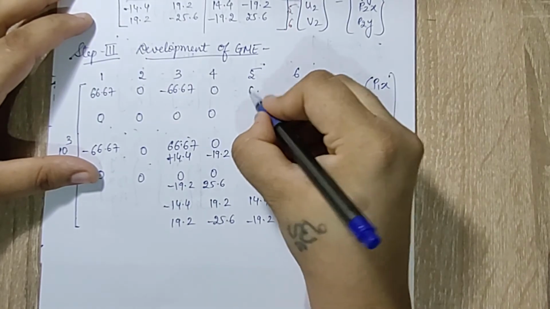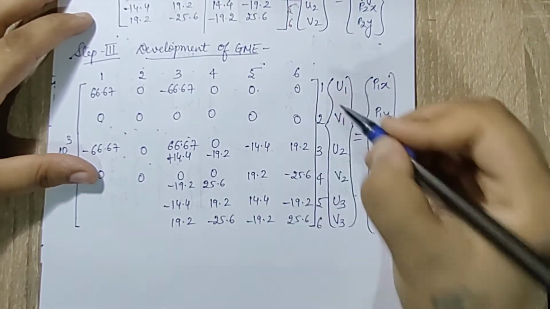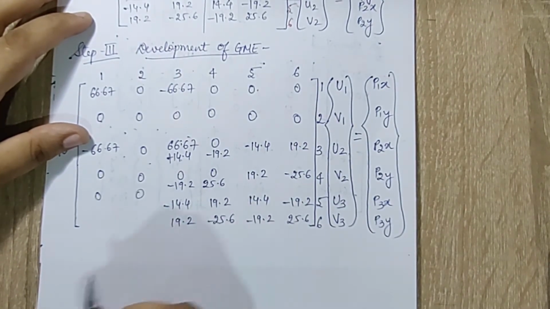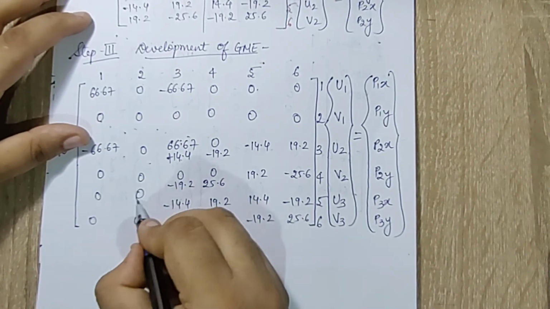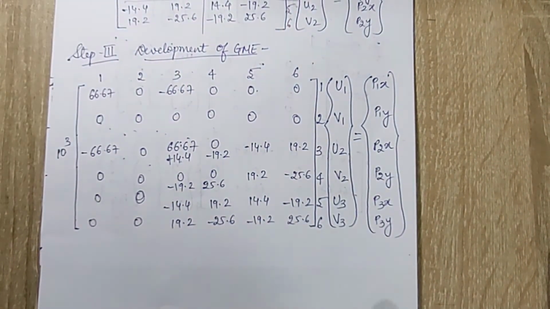Rest of the values will be 0. So here I have formed the GME.